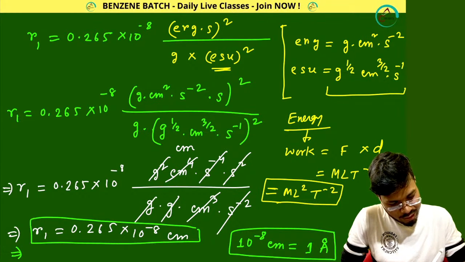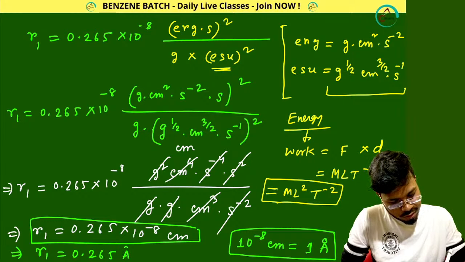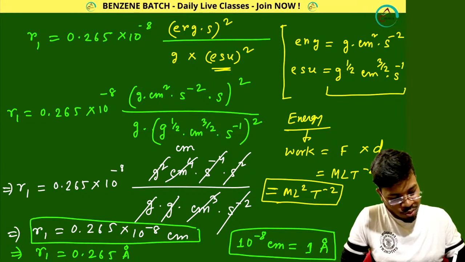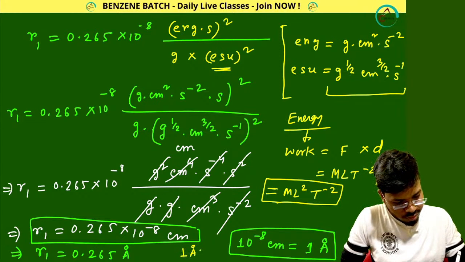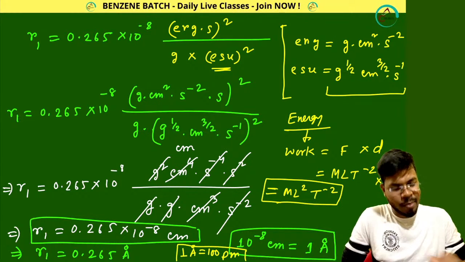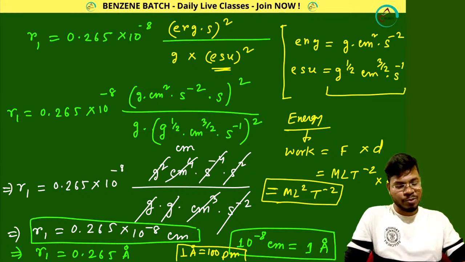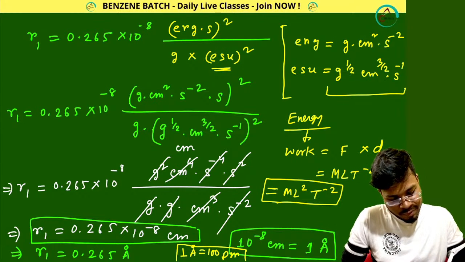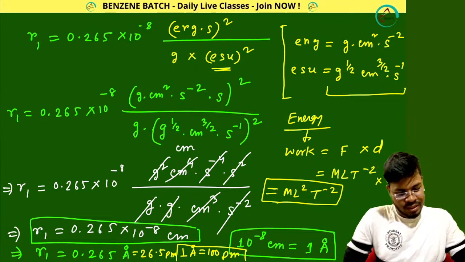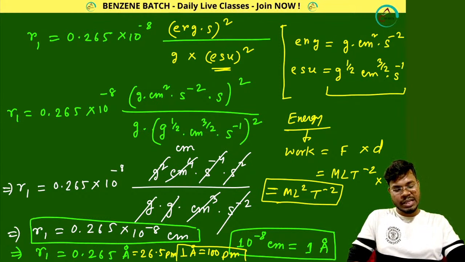So you can write the answer: R1 equals 0.265 Angstrom. And 1 Angstrom is equal to 100 picometer. Remember this and write it also. That means your answer can also be 26.5 picometer. So the first Bohr orbit for helium plus is this.